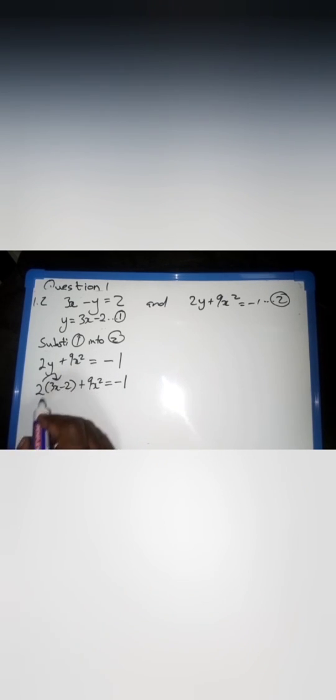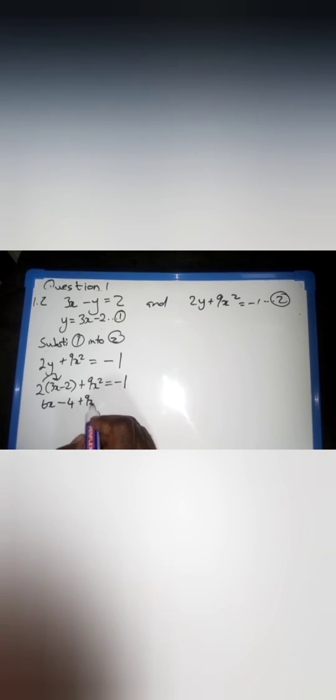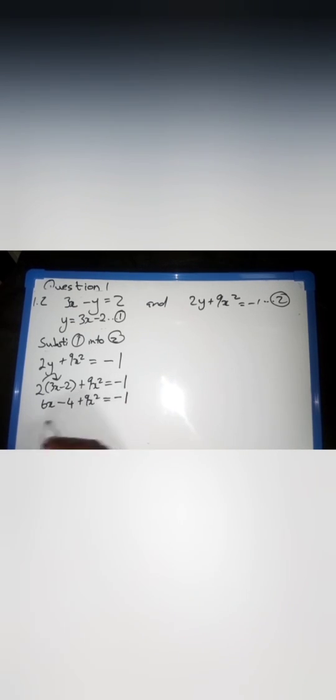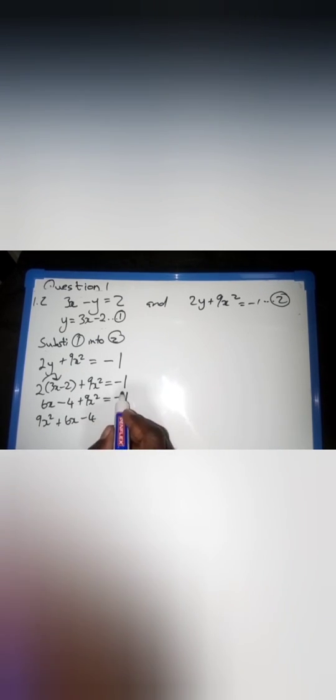Gonna multiply in here, I get 6x minus 4 plus 9x squared is equal to negative 1. Then rewriting this, I have 9x squared plus 6x minus 4, bring my 1 to this side, plus 1 is equal to 0. Then I'll be left with 9x squared plus 6x minus 3.